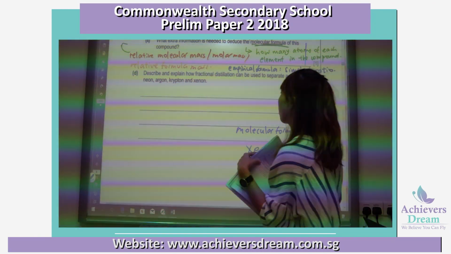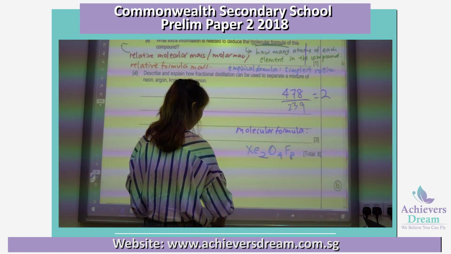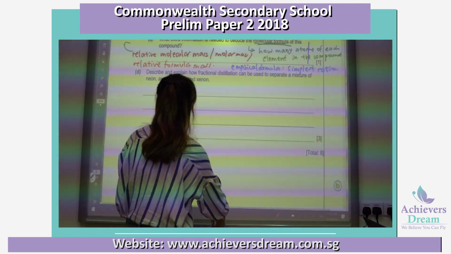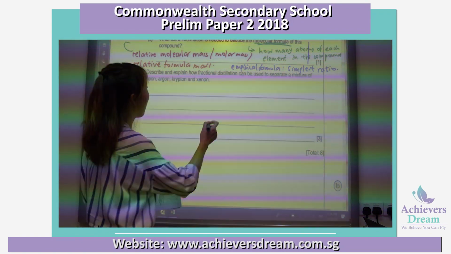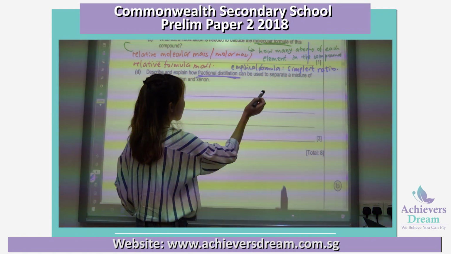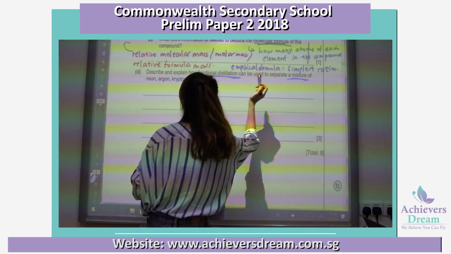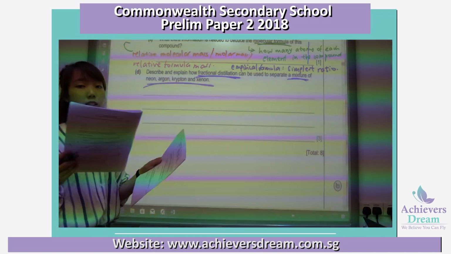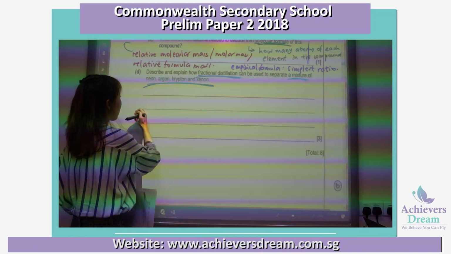Okay, so part D. For part D, describe and explain how fractional distillation can be used to separate a mixture of these noble gases. First we need to know the concept of fractional distillation.